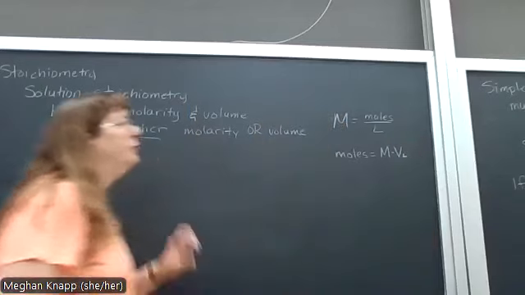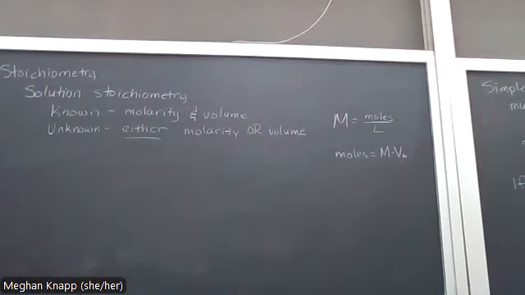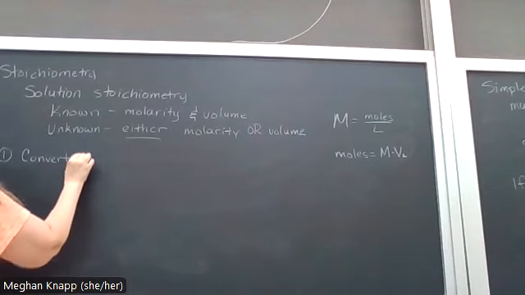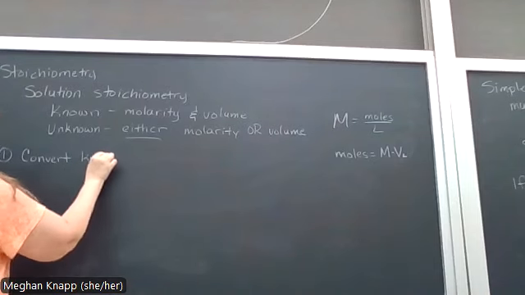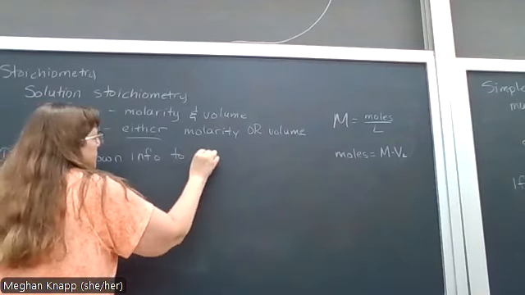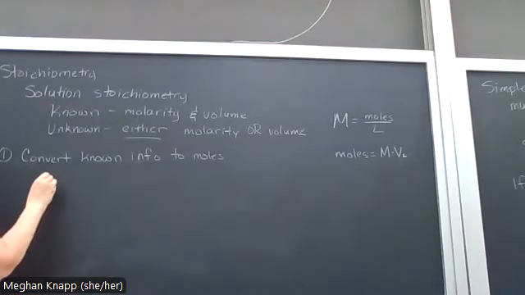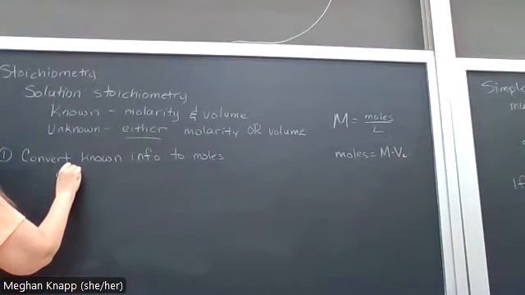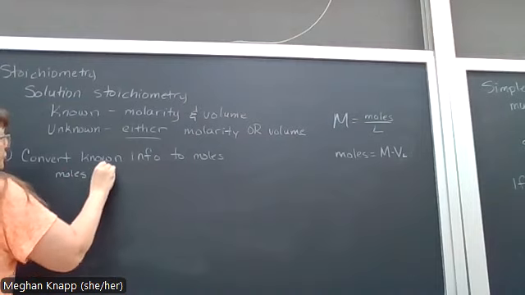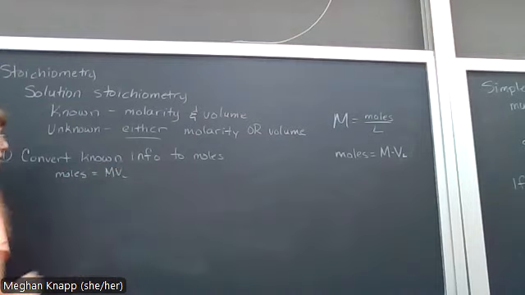I'm going to put volume and then a little L there for liters. Okay, so step 1 is convert your known information to moles. And for solutions in particular, moles is equal to molarity times volume.